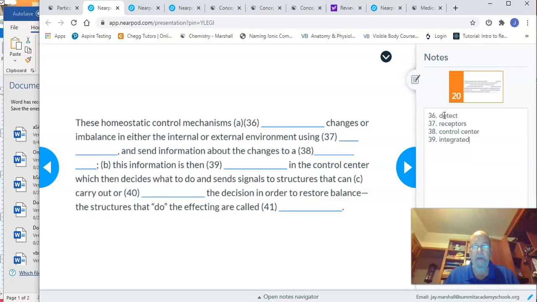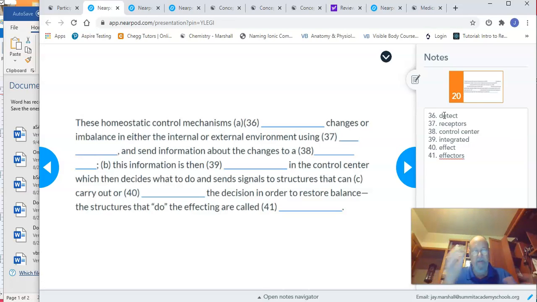And then it decides what to do and sends signals to structures that can carry out or effect. Okay, we're using this word as a verb. I effect a change. I cause a change to happen. Okay, the decision in order to restore balance, the structures that do the effecting are called effectors.